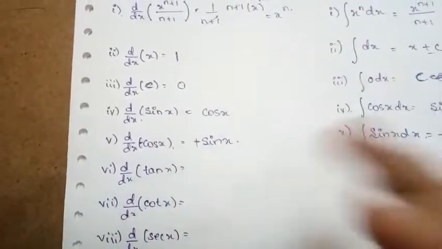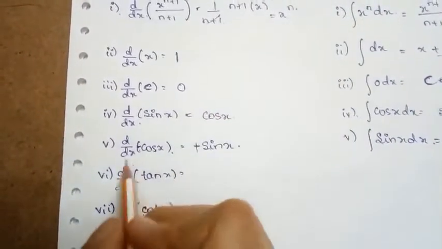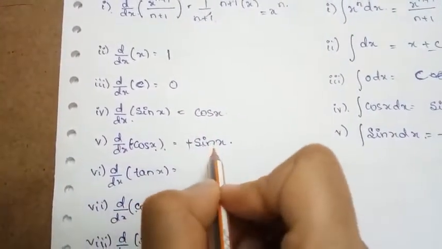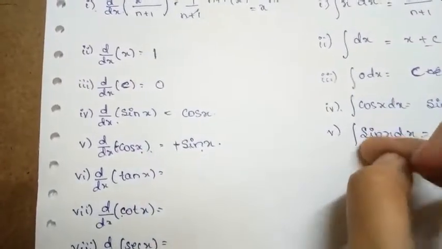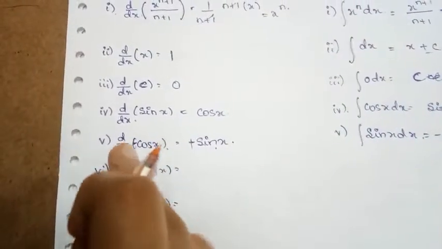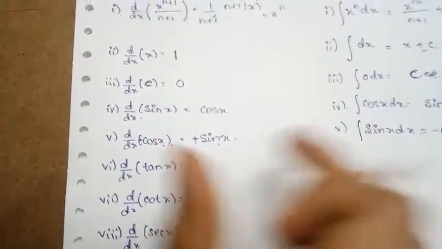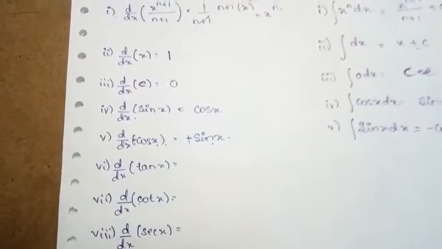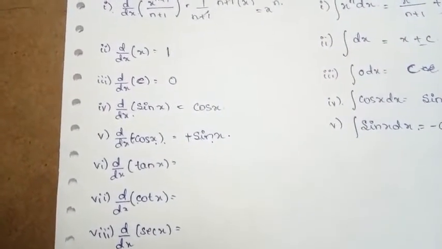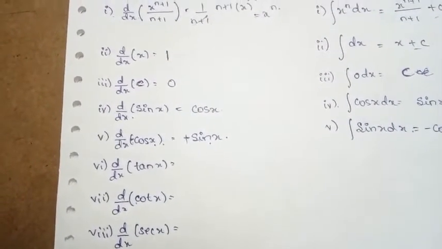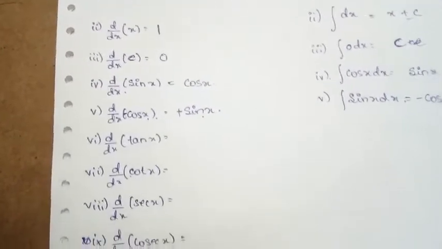In the beginning, understand it with this simple thing: the differentiation of cos x is minus sin x. Since you need the integration of only sin x, if I take minus cos x, we are going to get sin x itself. So understand the relation between differentiation and integration through integral, integrand, derivatives, and antiderivatives, in the form which I have said earlier.